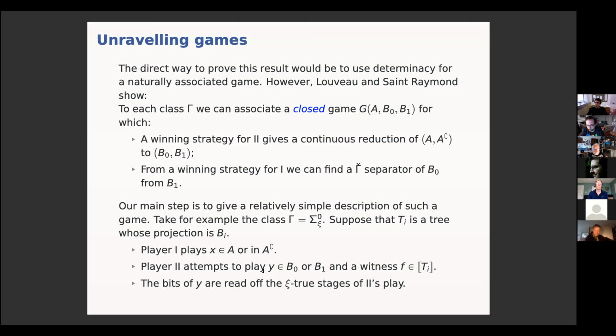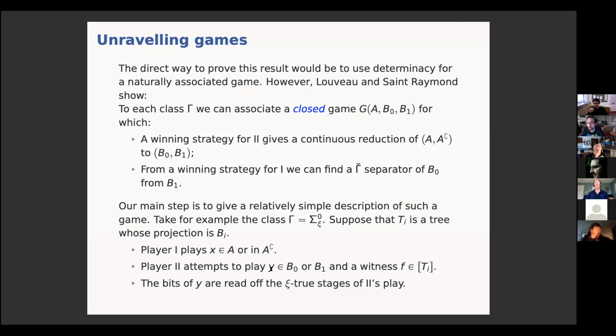And so this is the strategy. The game for player 2 is, in some sense, the priority argument that says, you know, which should I believe? X is in A, or X is in A complement? Well, that depends on X to the jump psi. Well, what do I currently think? What does my current approximation to X say about X to that iteration of the jump? And therefore, what is my current guess?